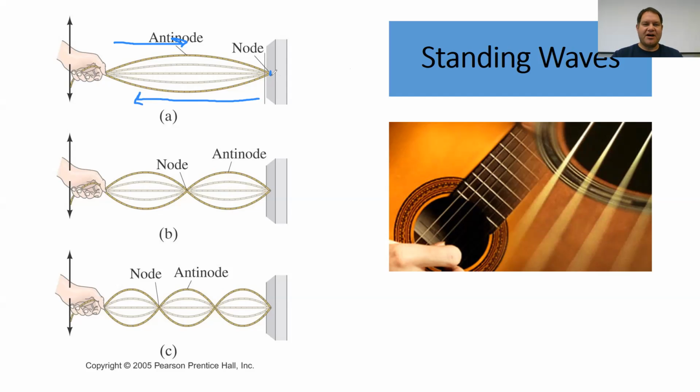And the wave doesn't stop. In other words, it goes to the one end and then comes back out in the other direction, okay? And as long as your hand is creating those oscillations, the wave is going to be doing this.